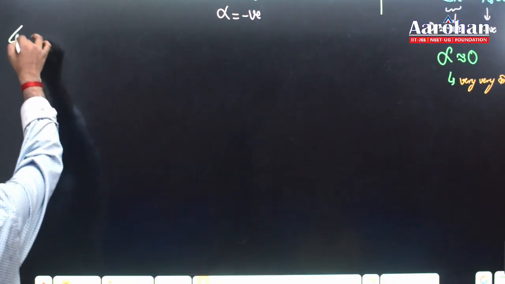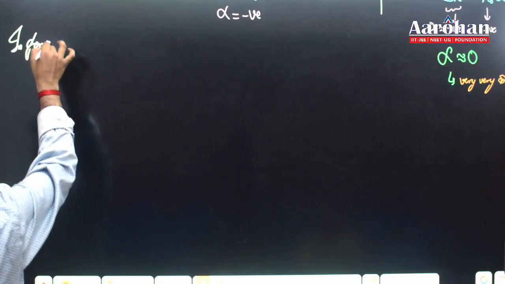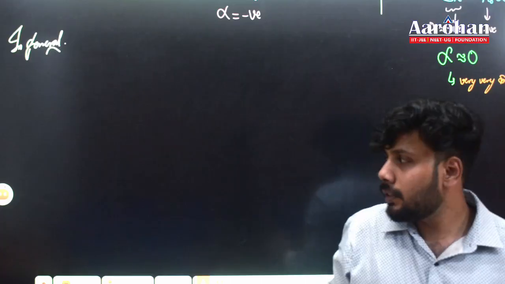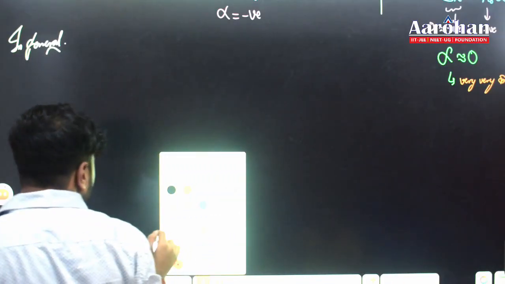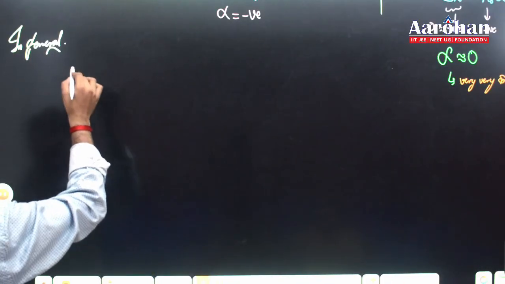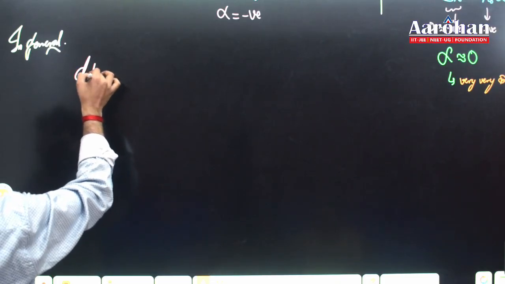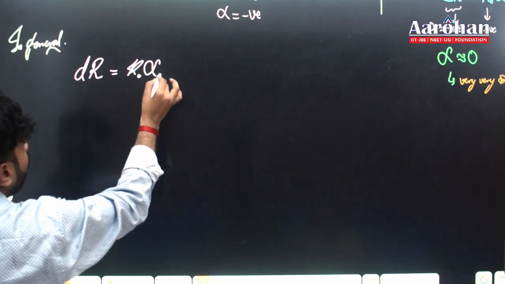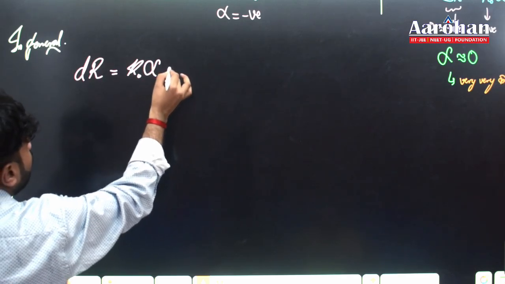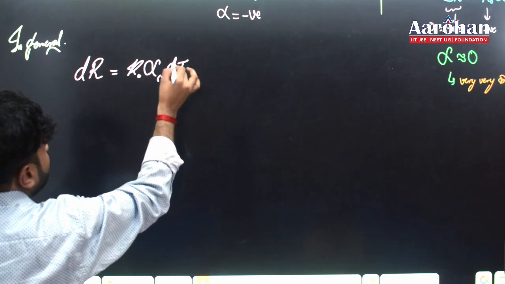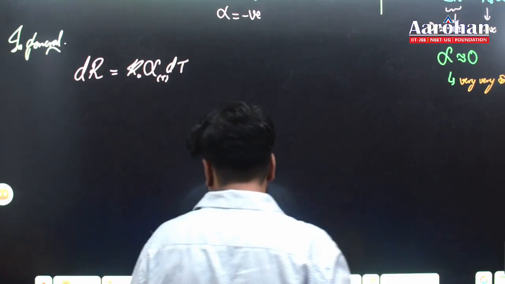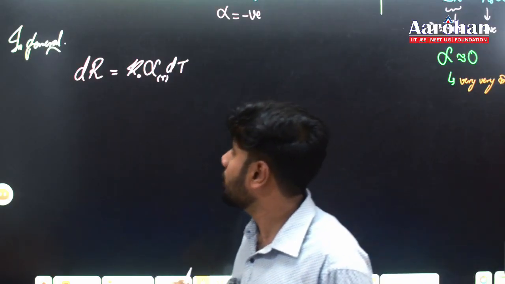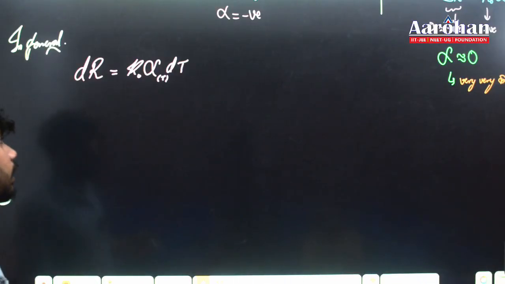But in general, if you remember the previous class, alpha is also a function of temperature. So the accurate equation we can write is dR equals R naught alpha, which is also a function of temperature, into dT. This is your differential equation. This equation can work at any time because alpha is a function of temperature, and you can evaluate it.